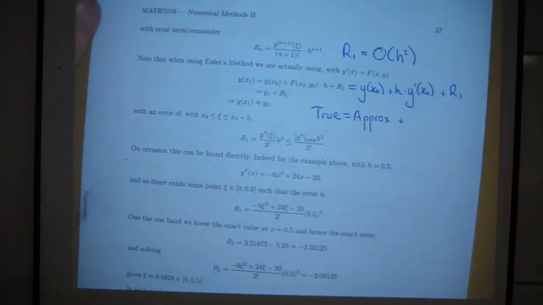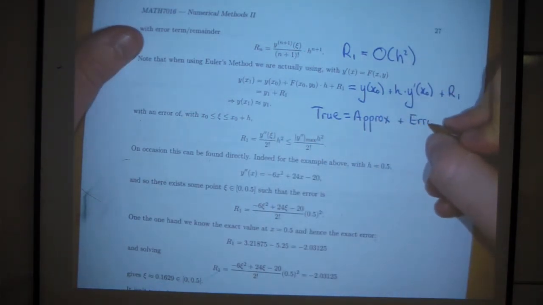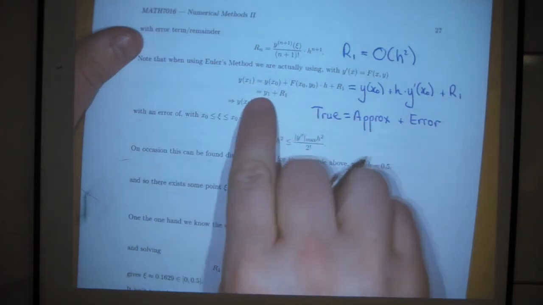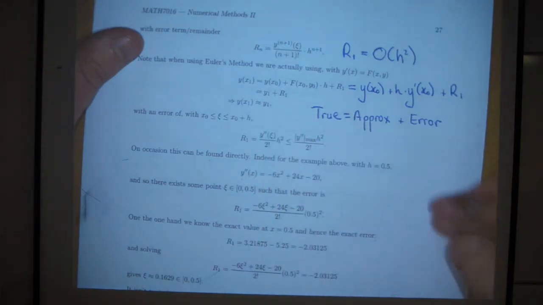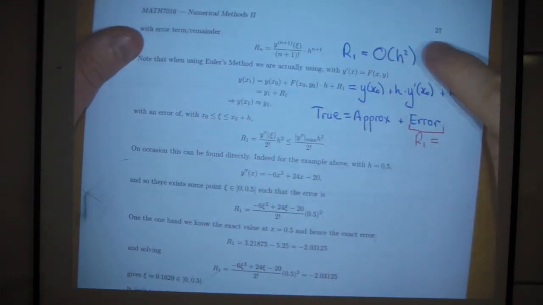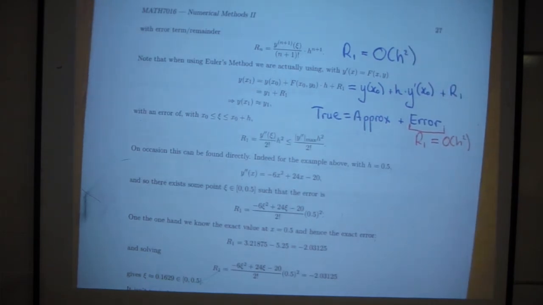In general, the true value is the approximation plus the error, and in this case the error is R1. So this is the approximation, this is the true value, and R1 is the error. And the error R1 is order h squared. Now, you might be a bit lost at this point, but this is very, very good and very, very important.